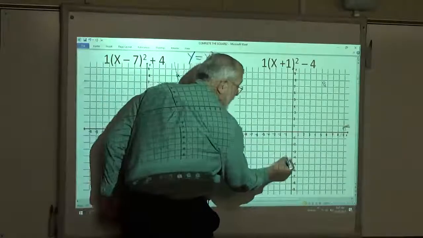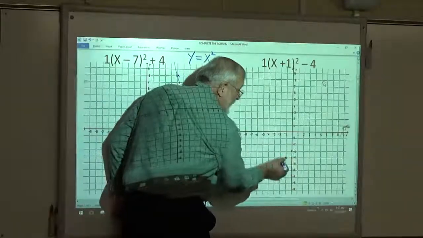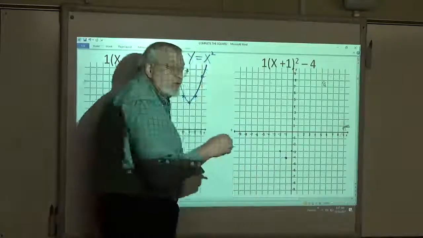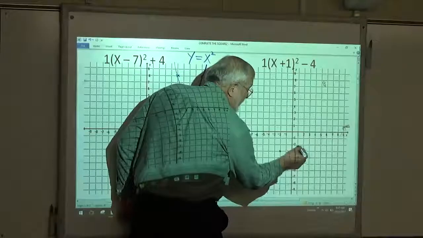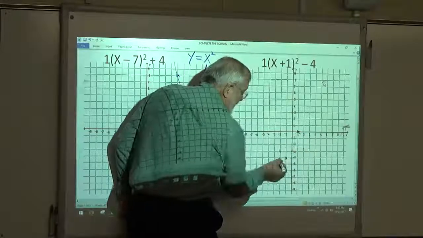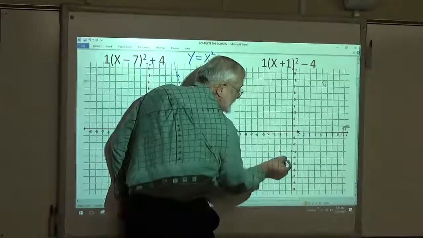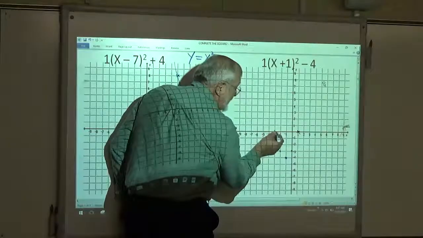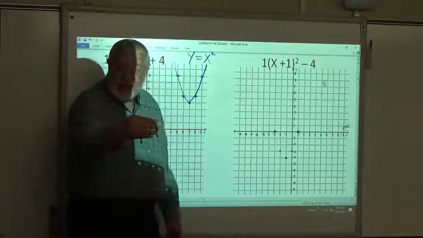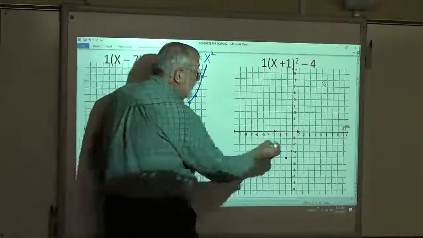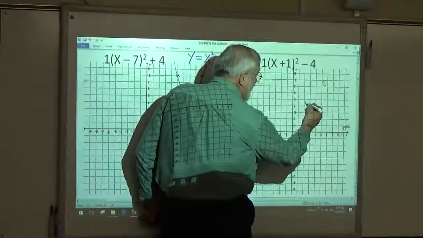Back 1, up 1. Over 2, up 4. And notice because this is the axis of symmetry, I'm going to be right there. Now, over 3, up 9. Well, this was 4, so that means I got to go 5 more.